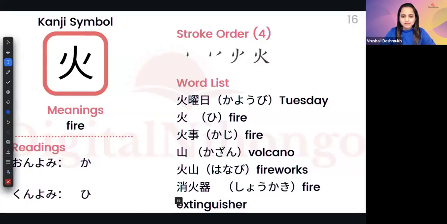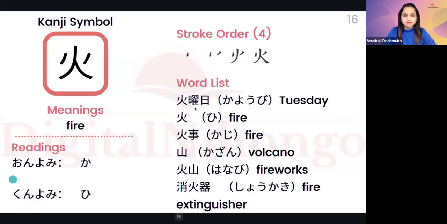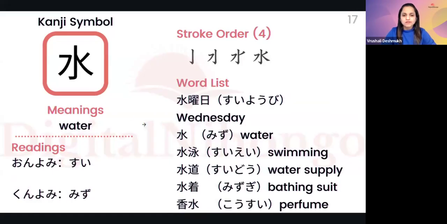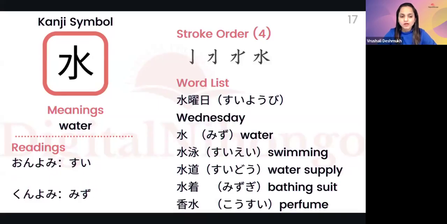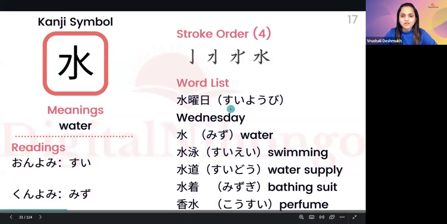Then the next one is the kanji of water. Sui or mizu. Suiyobi, Wednesday.